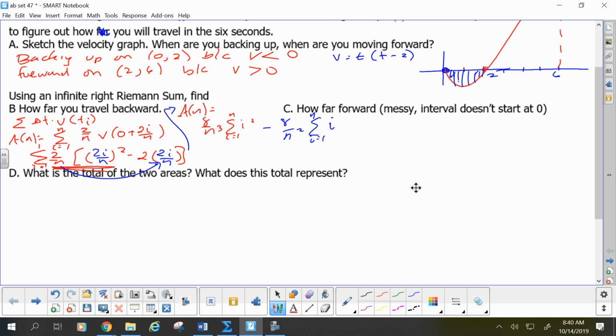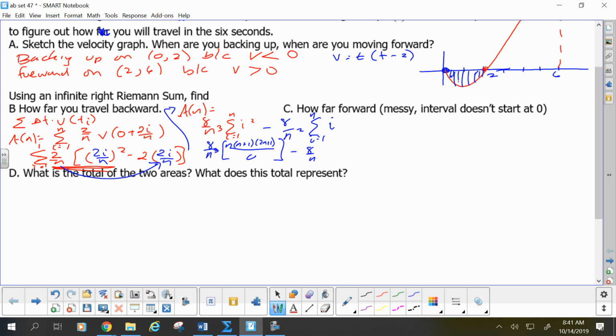How'd that go? Analyze where your mistake was if you made one. Okay? All right. Now what do we do? Not yet. 8 over n cubed times, what is the sum of a bunch of squares? n times n plus 1 times all over 6.